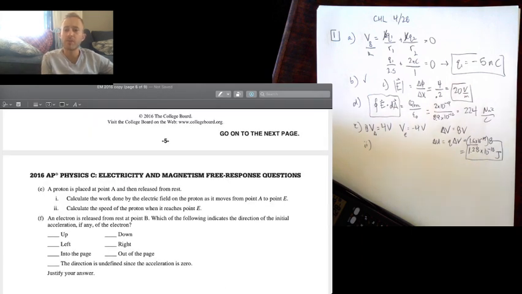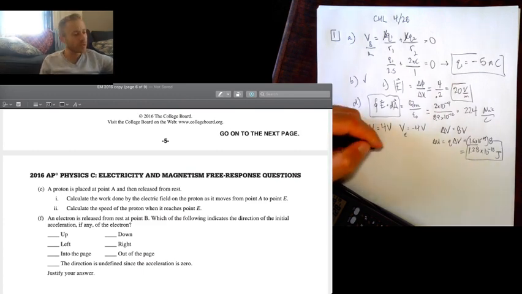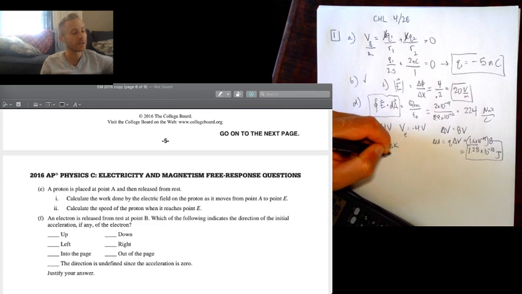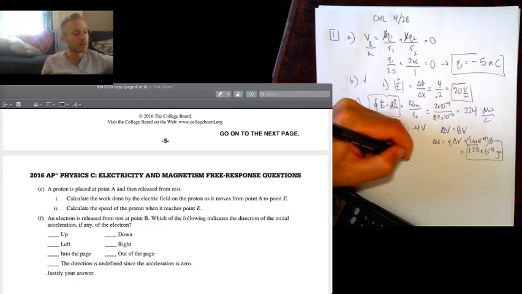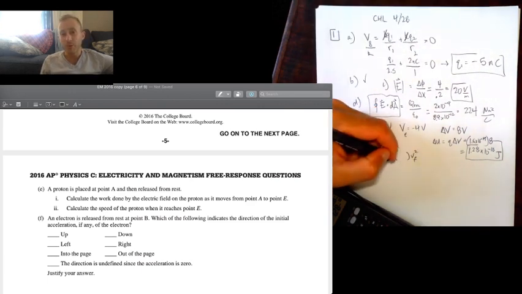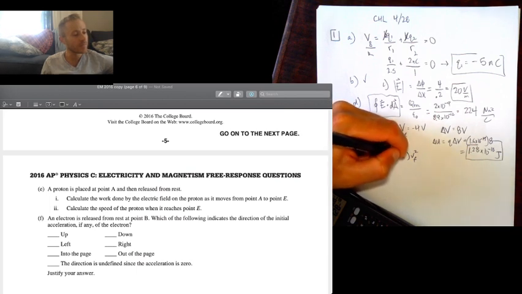And then part 2 said, well, calculate the speed of the proton when it reaches point E. Well, for that, we're going to use the work kinetic energy theorem, which says that the work is the change in kinetic energy. It started out with 0 kinetic energy because it was at rest. So the change in kinetic energy would just be the final kinetic energy, which is 1/2 m v final squared. Mass of a proton is 1.7 times 10 to the negative 27.